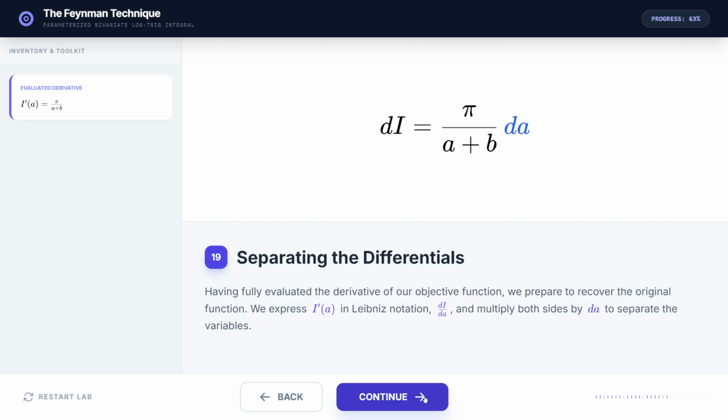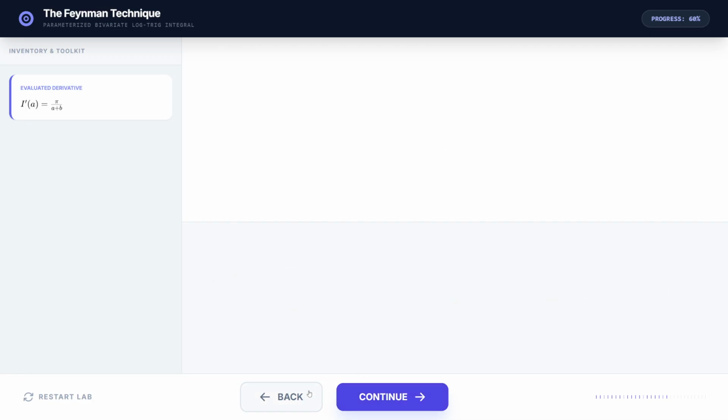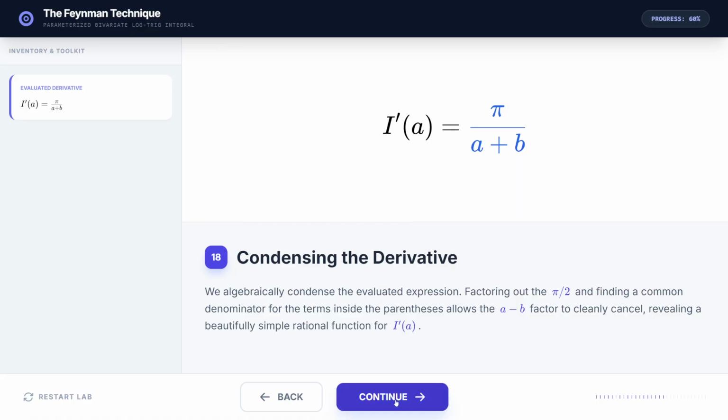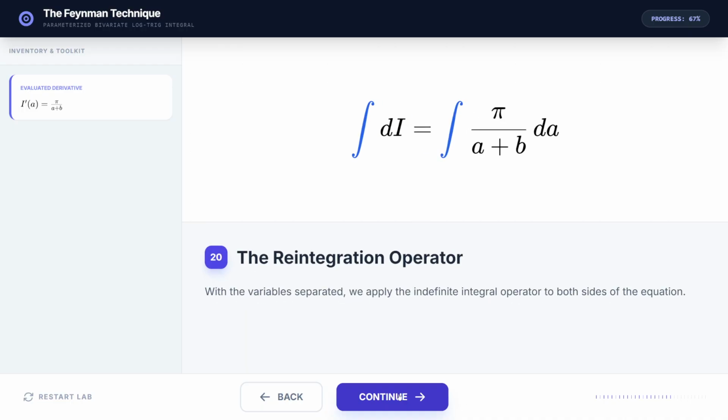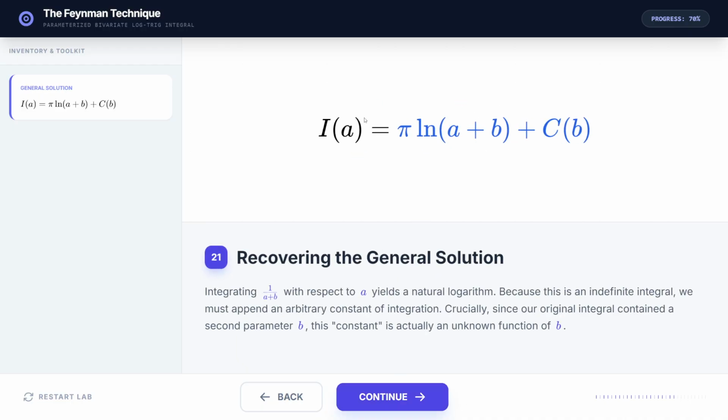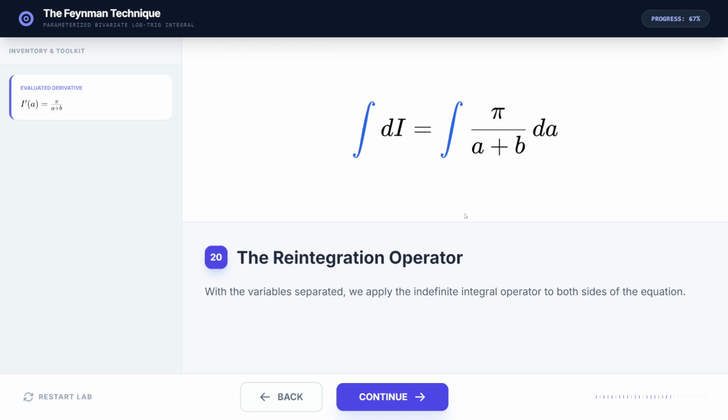All right, so what we do is we're just going to call I prime of a the derivative of I. So dI is pi over a plus b dA. So let's go ahead and integrate both sides like that. And we get I in terms of a is equal to pi natural log of a plus b plus a function of b.